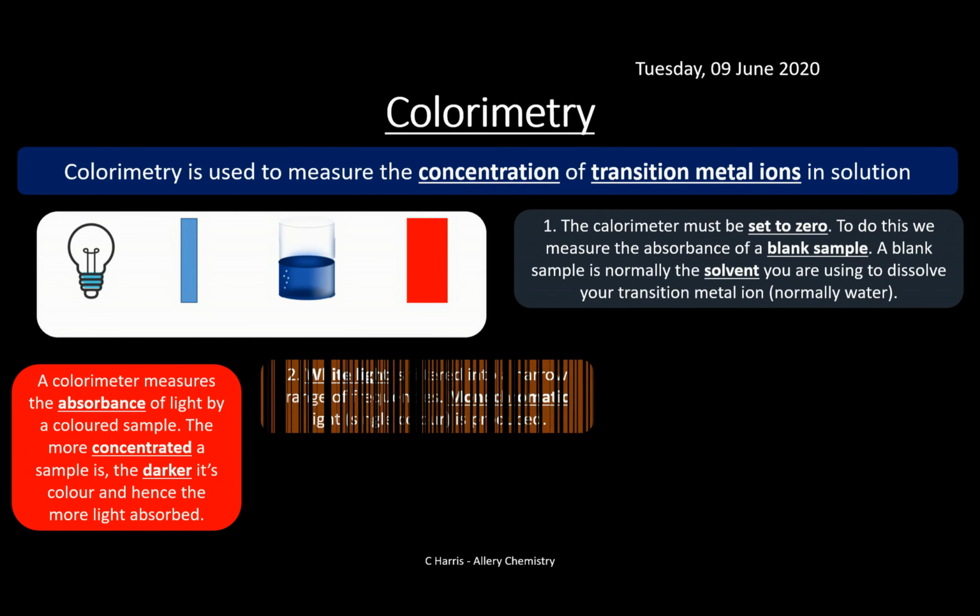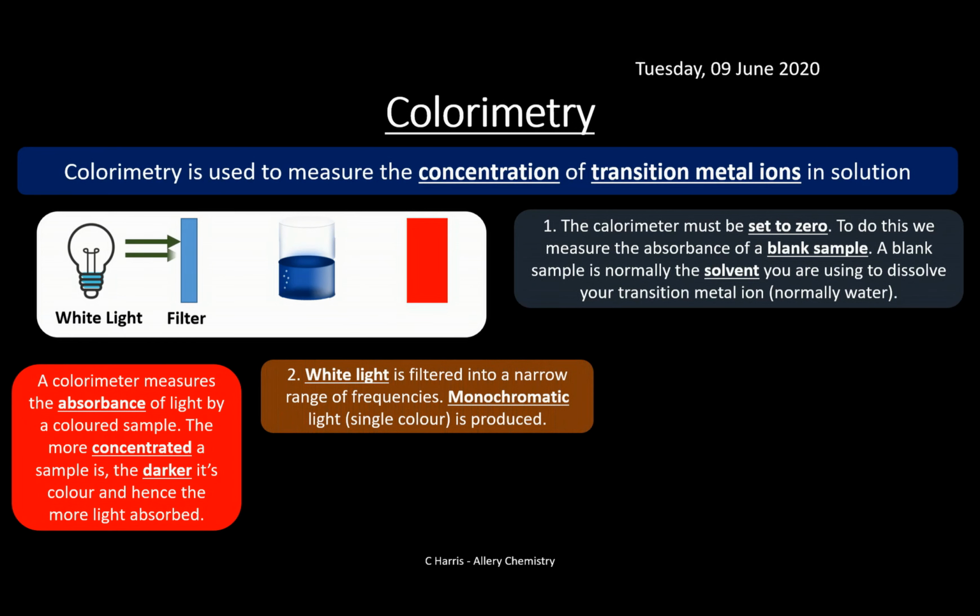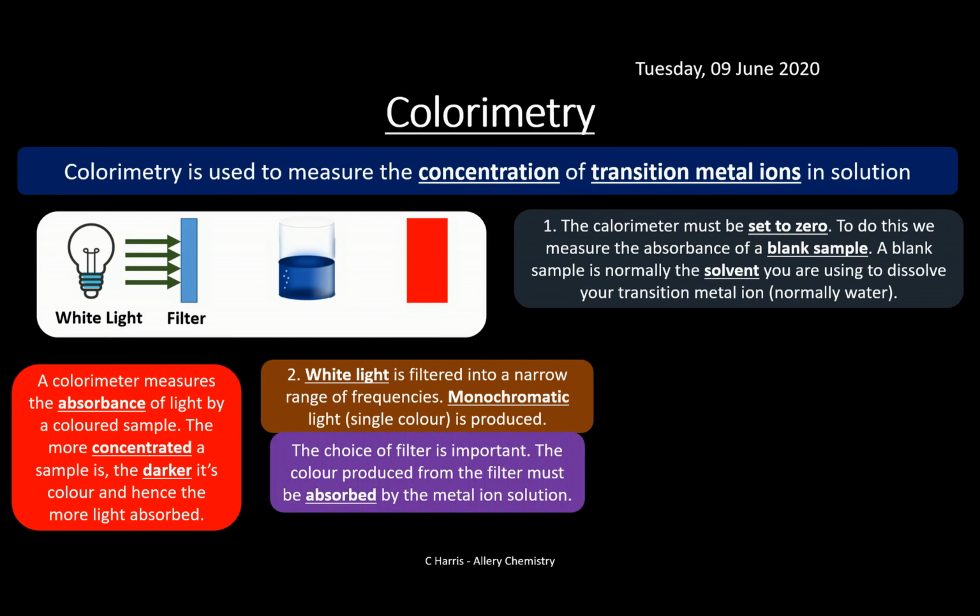So once we've got our benchmark, our 0, then white light is filtered into a narrower range of frequencies. We call this monochromatic light, or a single color is produced. So we've got white light there, it gets passed through a filter, and we get one frequency of light that is produced. Now the choice of filter here is really, really important.